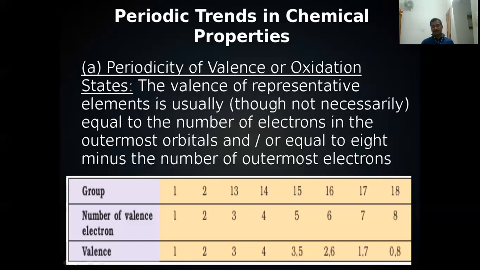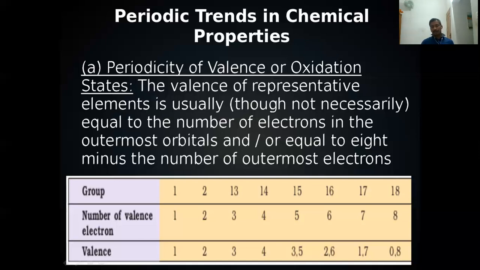Group 17 can donate all 7 electrons to more electronegative atoms. For example, IF7, a compound between iodine and fluorine. Iodine will give all 7 electrons to fluorine. So in that compound, the valency of iodine is 7, but fluorine is -1.